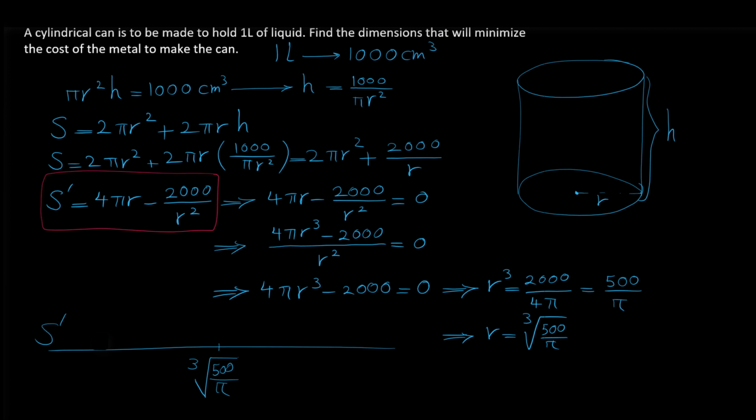If we plug in 1 for r here and here, s prime would be 4 pi minus 2000 over 1. 4 pi minus 2000 is negative. And if we use a test point greater than this value, easily we can see that s prime is positive after the critical point. And it shows that the critical point is the minimum point of the function.